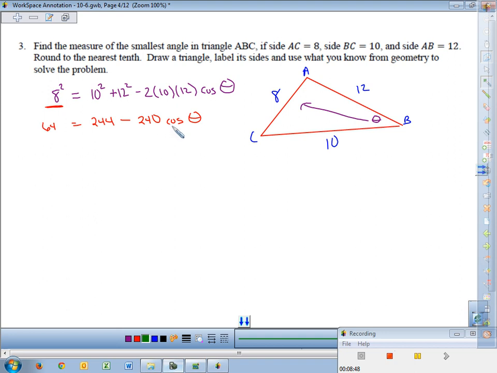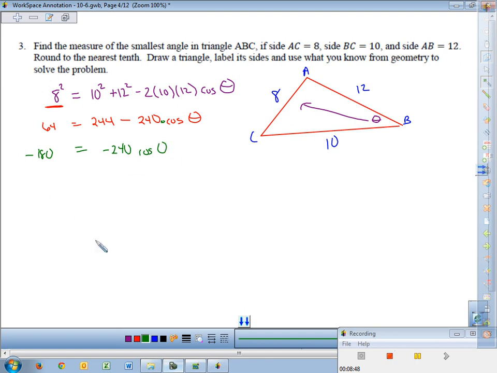We are trying to get cosine of theta all by himself right here. You can't get theta all by itself without doing the inverse cosine, so you just want to get cosine of theta all by itself. So what I need to do is get rid of this 244 first, so I will subtract 244 from both sides. So 64 minus 244 is a negative 180, and that will equal a negative 240 cosines of theta.